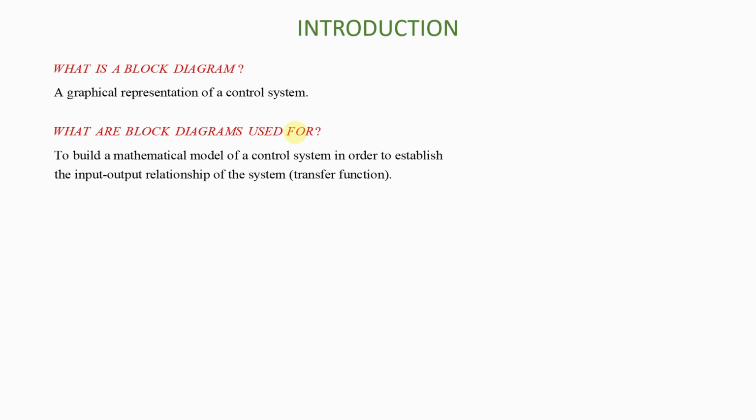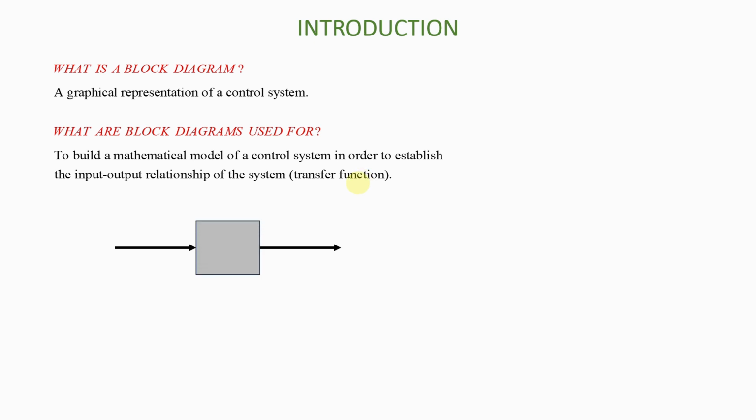Just by looking at a block diagram and understanding the operations that need to be made, it is very possible for you to come up with a function that will allow you to relate the input to the system to the corresponding output. And so that function is what we refer to as the transfer function. The transfer function is a function that allows us to relate the input to a system to the corresponding output.